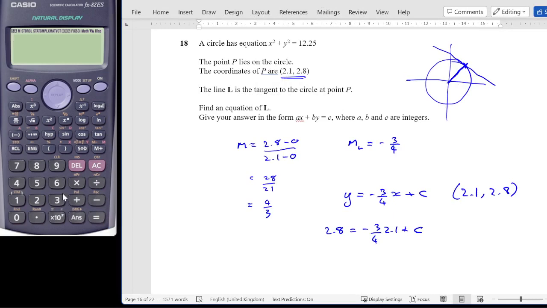So I want to do 3/4 times 2.1 as a decimal gives me that value, and I want to add that to 2.8. So all I've done there is, in effect, that would have been minus that value, and then I need to take it over to the other side. So we've got currently c is equal to 35 over 8.